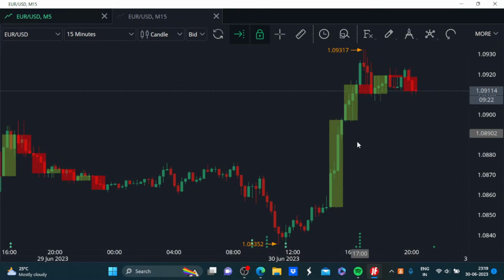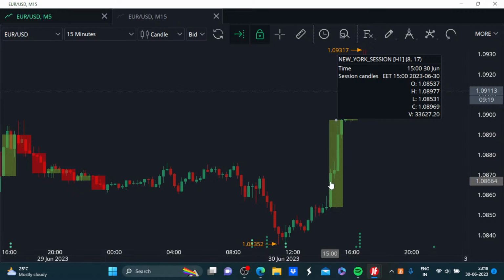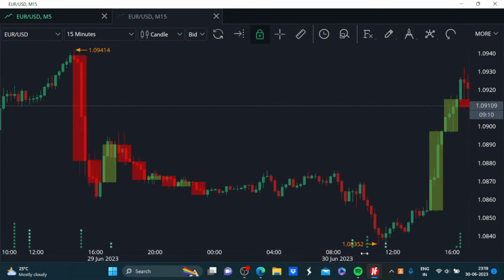That is when the New York session got underway. I'm not sure which time unit we are considering for the chart, because this doesn't really look like GMT timing. Maybe the time zone is different.